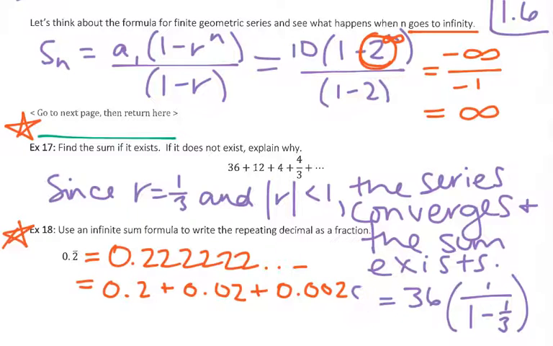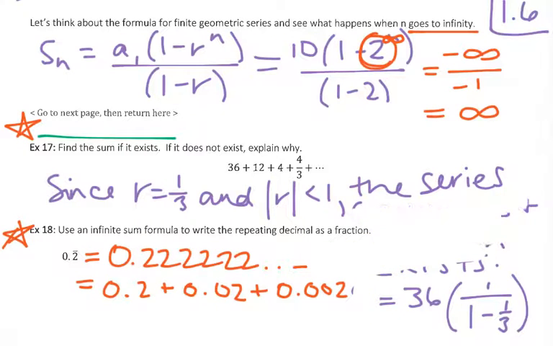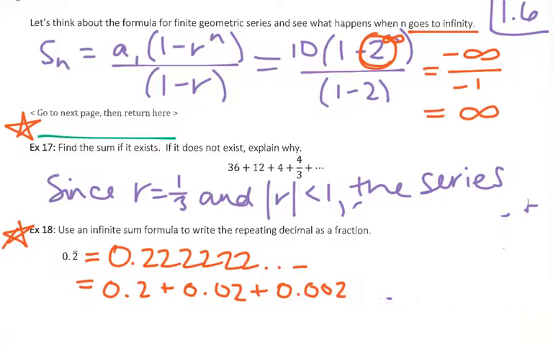I'm going to erase the work here so I have a little more room to work. And then 2/10,000, right? This pattern continues on. So the question is, how do we go from here to here?